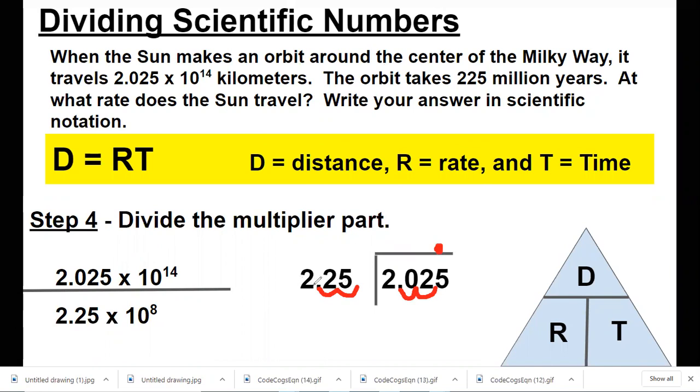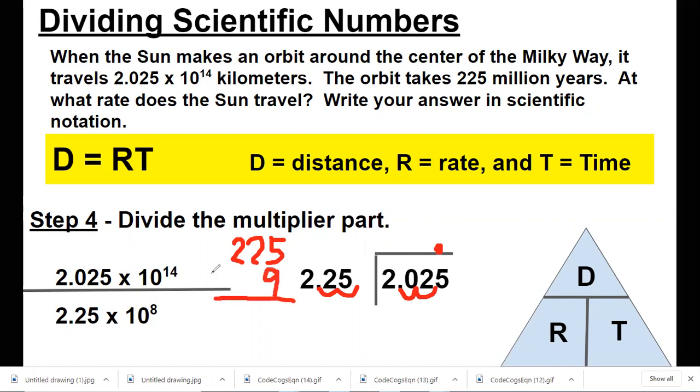225 is now our number, and we can't divide it into 2. We can't divide it into 20. We can't even divide it into 202, so we have to divide it into the whole 2025. So 225, so that's approximately 200, 2, 4, 6, 8, 10. It's approximately 10, so we'll say 9 because it's 225.